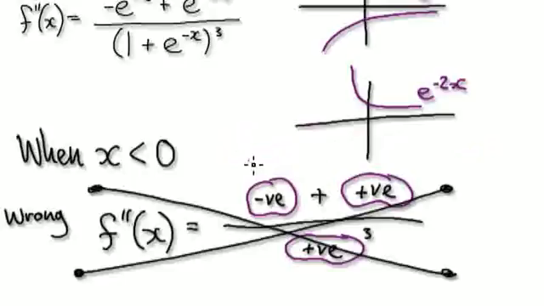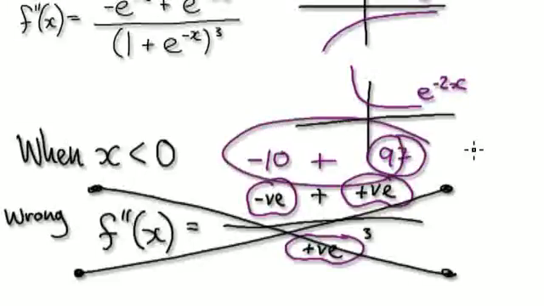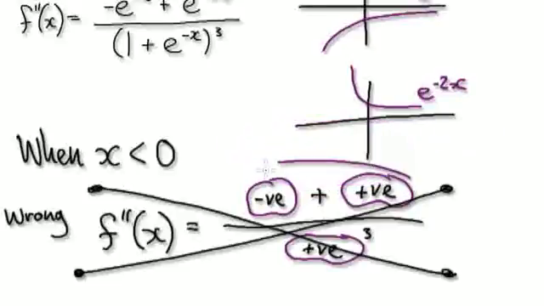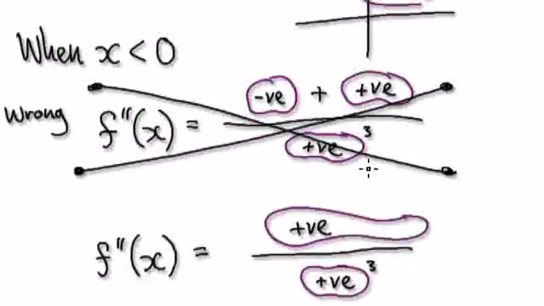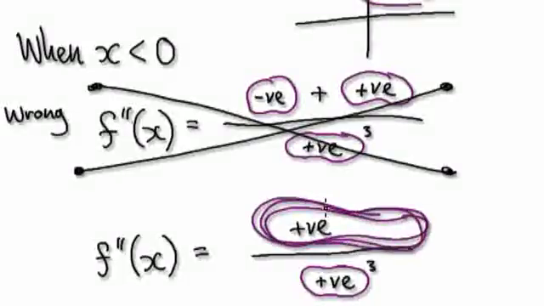Or you could have negative 10 plus a big positive number, let's say 97, and then overall this is a positive. So you can't really deduce anything with this statement here. You've got to consider it collectively as a whole.